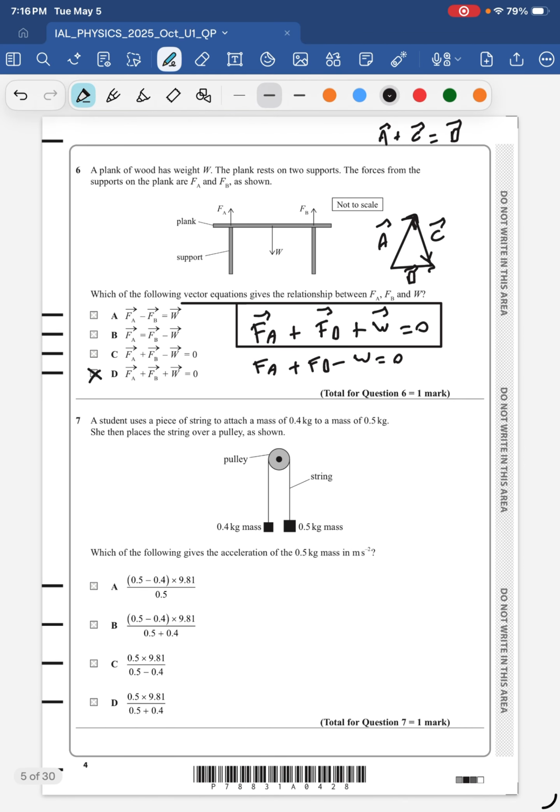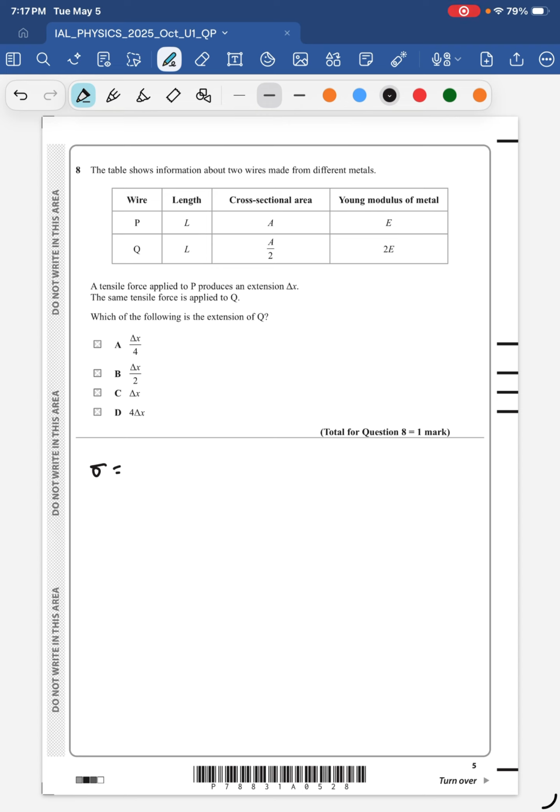So we have that sigma, the stress, is equal to the strain times the Young's modulus, right? But stress is force per cross-sectional area, and strain is extension over length.